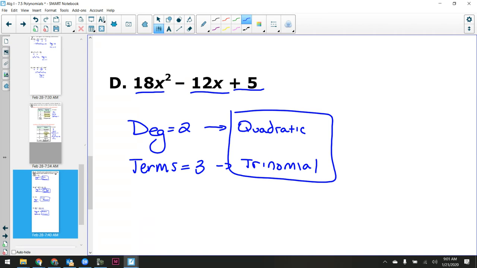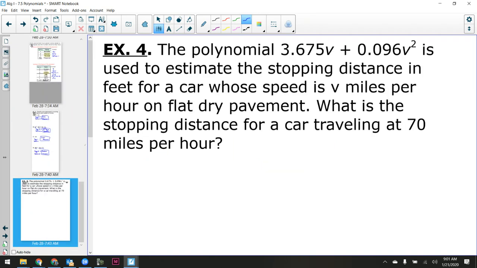A polynomial is used to estimate the stopping distance in feet of a car whose speed is v miles per hour on flat dry pavement. What is the stopping distance for a car traveling at 70 miles per hour? Guys, what is that telling you to do with 70? Just plug it in. Yeah.